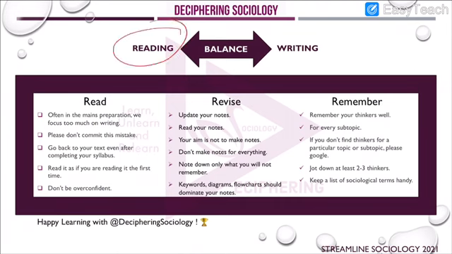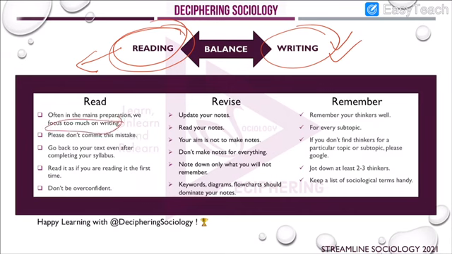While preparing, please maintain a balance between reading and writing. Don't over-focus on writing, don't over-focus on note making. Focus on reading also. First understand and grasp, and only then go for writing. Sometimes we focus too much on writing. Please read your text at least twice.